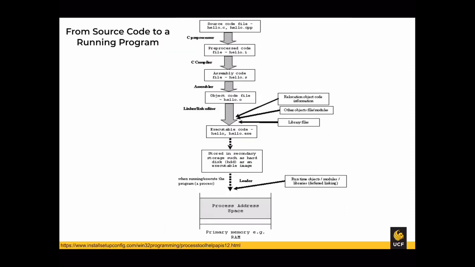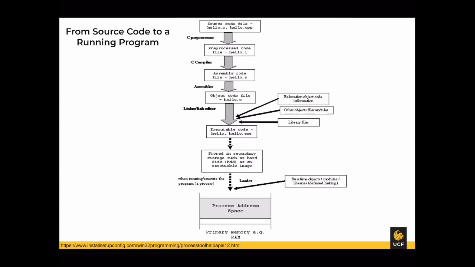Here's a diagram that shows how most of these system software tools fit together to take your source file into a program that's running in memory on your machine. We've got your compiler, which takes the source file and converts it into assembly code. The assembler converts that assembly code into machine code or an object file.